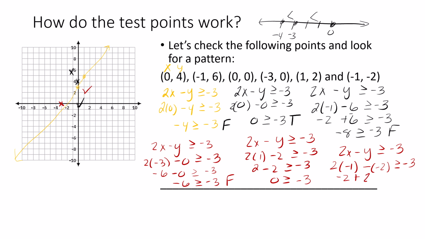So -2 plus 2 is 0, and we end up with that again. 0 is greater than or equal to -3, which we know is true. And so -1, -2 works, which is down here.